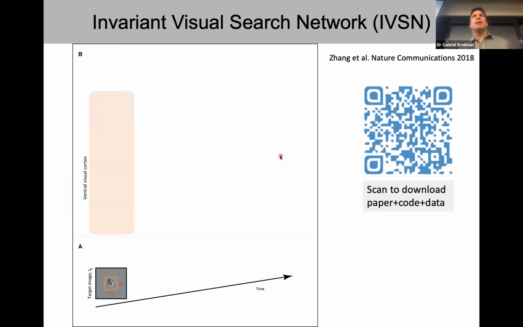So the first step in that model will be to take the target image and pass that target image through a deep convolutional neural network. This is a typical convolutional neural network that has multiple stages. For many of the pictures that I'm going to show here, we're going to use a particular neural network called VGG16.